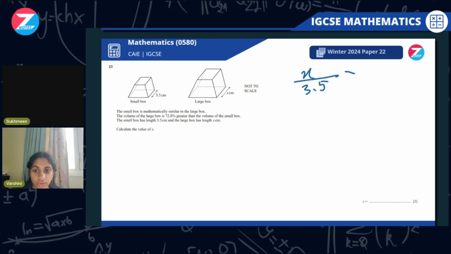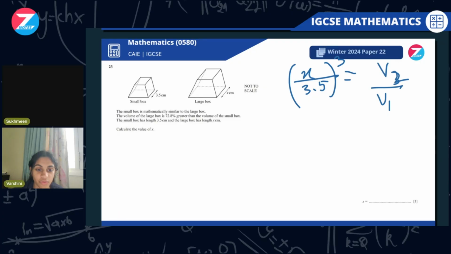So the cube of the scale factor is going to equal the volume scale factor, v2 by v1.